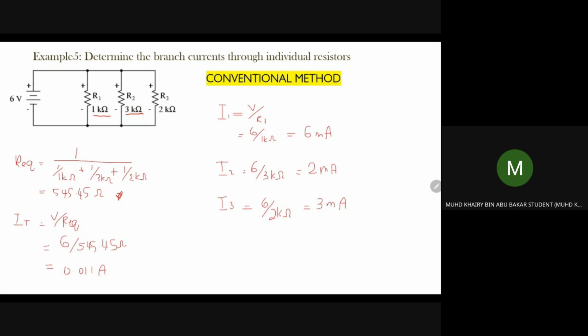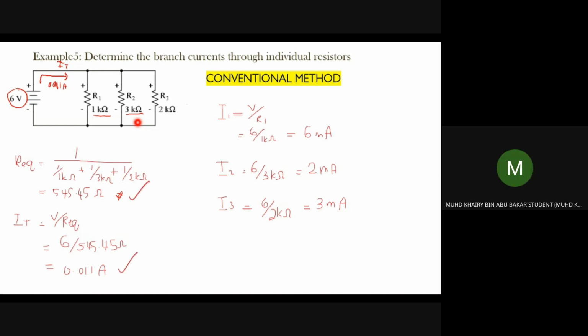Can you verify, is it correct? Correct. Okay, so I total is the voltage supply over R equivalent. The voltage supply is 6 volt, so 6 over 545.45 ohm gives 0.011 ampere for the current I.